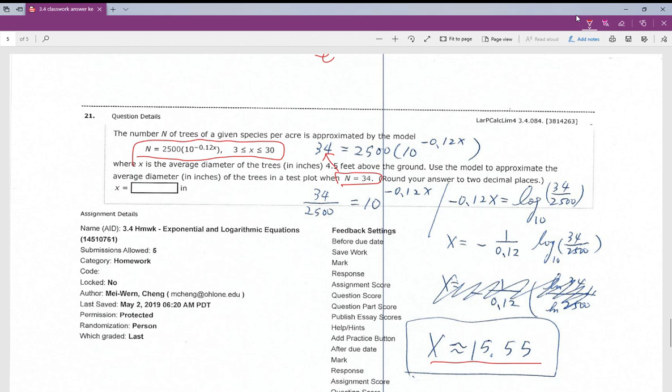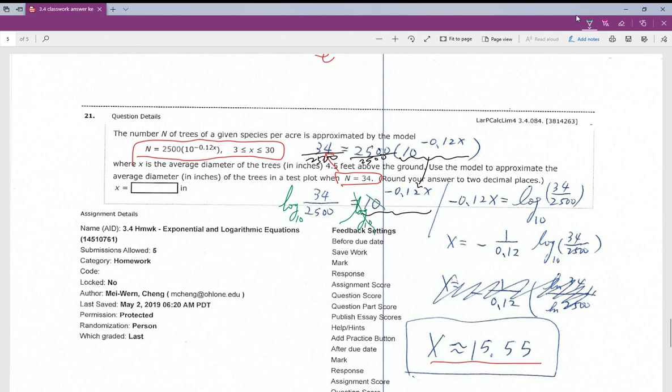My first step, divide by 2500, divide by 2500. Okay, and then copy down this part here. Just copy. And keep going. I put log 10 on both sides, because this is base 10. This way, I may cancel out the base.